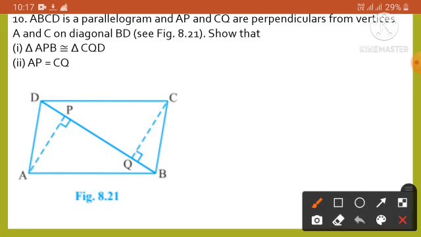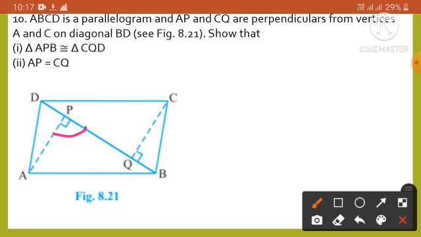Okay. So in triangle APB and CQD, in these two triangles, we are having angle APB equal to angle CQD, because these angles are equal to 90 degrees, as AP and CQ are perpendiculars from vertices A and C on diagonal BD.